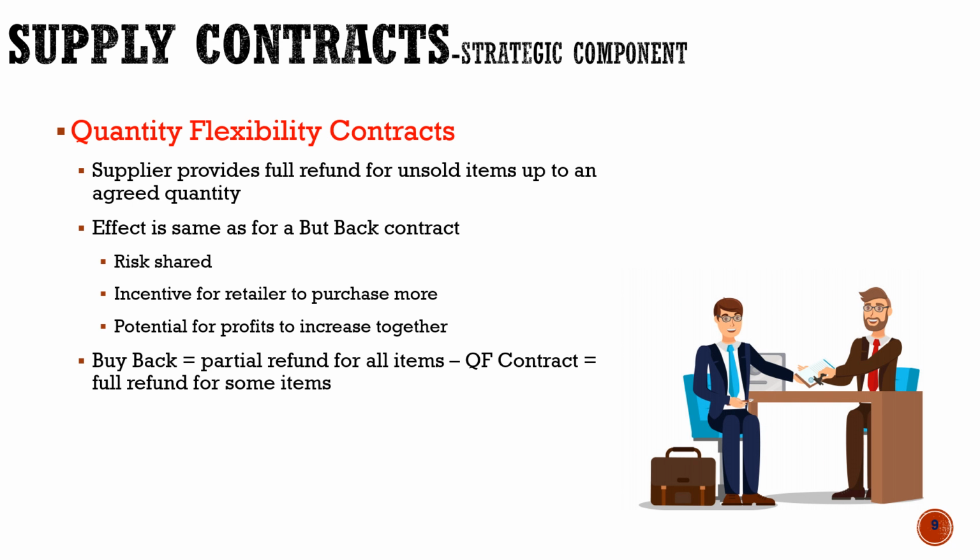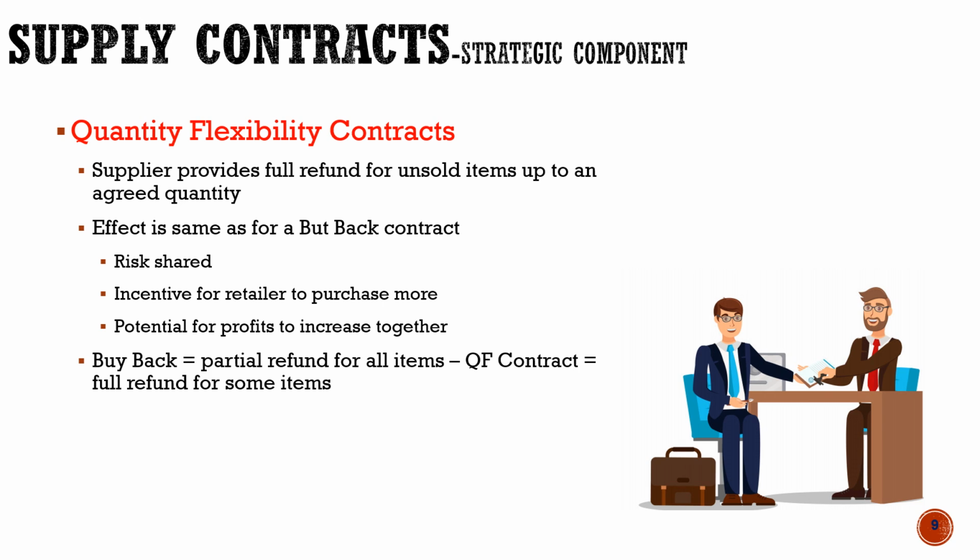The third type is the quantity flexibility contract. Here, the supplier provides a full refund for unsold items up to an agreed quantity. So it has the same effect as the buyback contract.